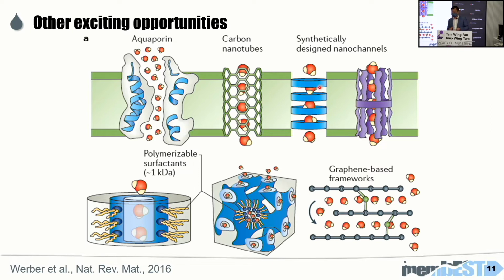Now, my group is not really specialized in materials per se, so we decided to collaborate with other groups. There's one group in France specialized in making synthetic channels. So we're trying to build a project together to incorporate synthetic channels into our membranes.